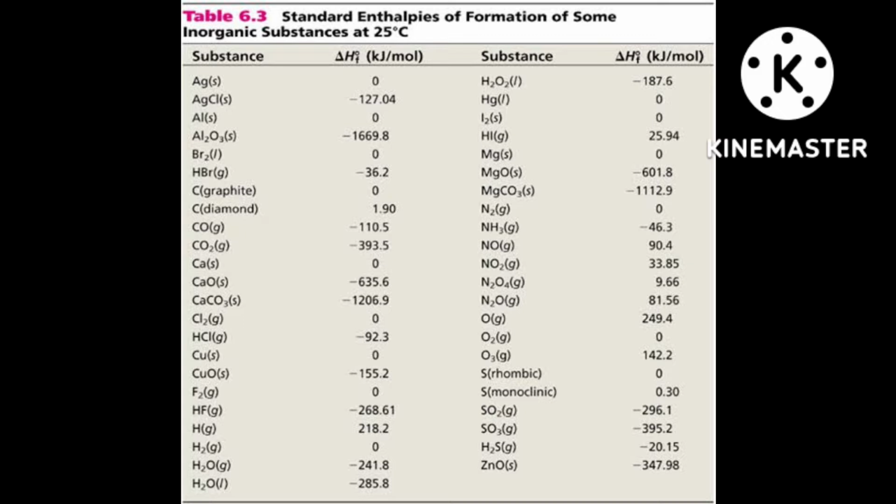But now I have talked about the standard state or reference state, where the delta H value should be 0. As for example, I told you in case of S2, it is 0. For carbon, graphite, it is 0. For sulfur, rhombic, it is 0.